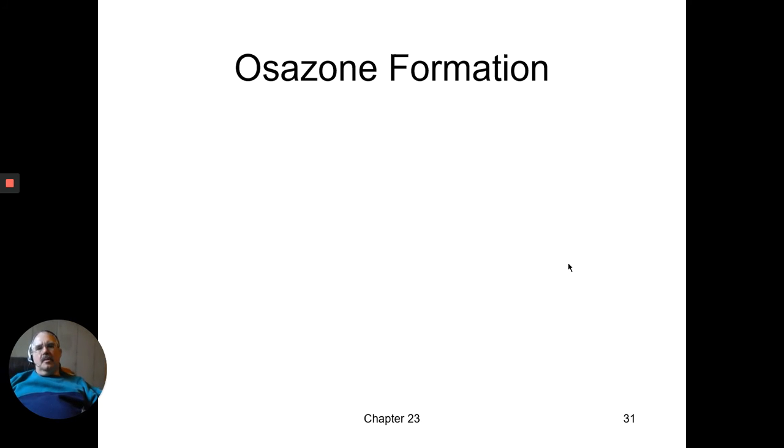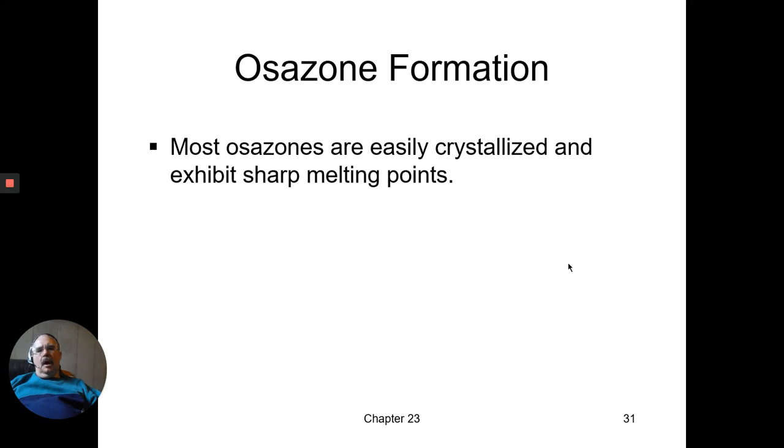Next we'll look at osazone formation. Historically, this has been used to identify mono and some disaccharides. Most osazones are easily crystallized and exhibit sharp melting points.